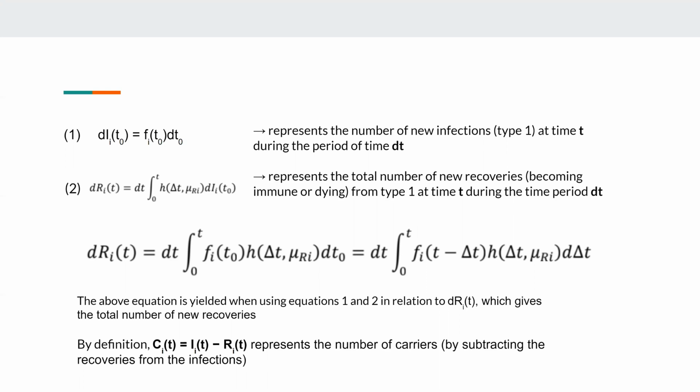By definition, C sub I of t equals I sub I of t minus R sub I of t, which represents the number of carriers, found by subtracting the recoveries from the infections. All of these equations are for type 1, mild, but if we were to calculate these for type 2, you would have different numbers.